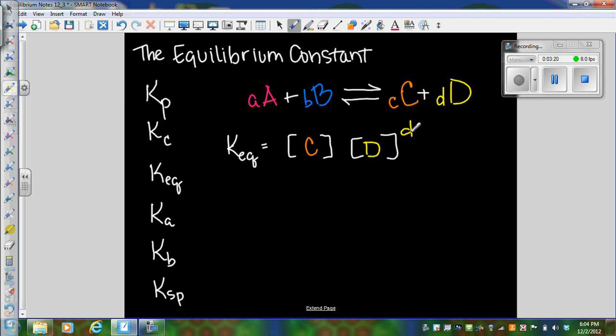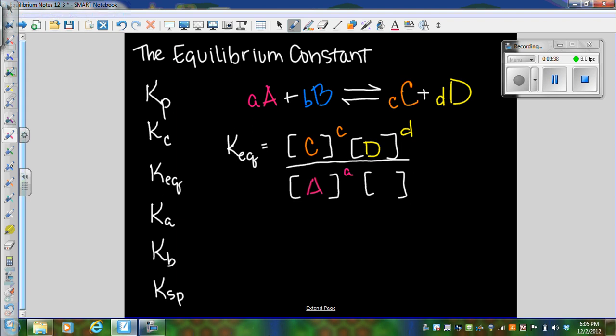So D will be raised to the D power, C will be raised to the C power, and then that will be over the concentration of our reactants raised to the power of their coefficients.